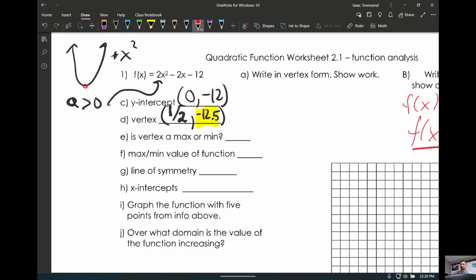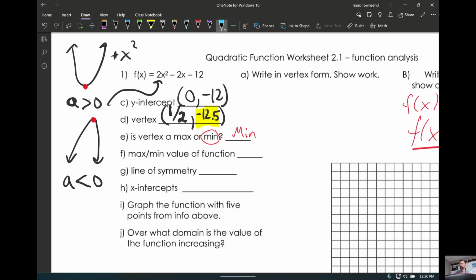If it opens up, the vertex is at the bottom, which makes the vertex a minimum value. Whereas if A was negative, it gets flipped over the x-axis at some point, and the vertex would be a maximum. But for this question, it's a minimum. Again, you should probably add this to your work unless you are dead sure that you remembered that before I said it.